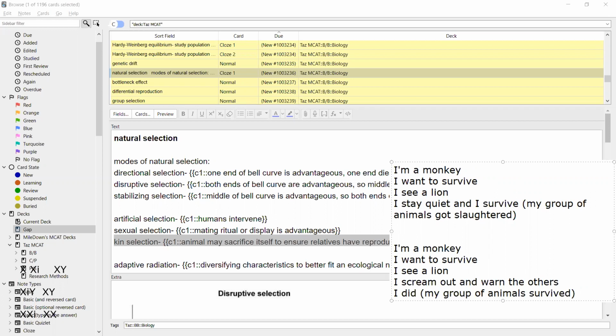Self-sacrifice. Why is self-sacrifice better evolutionarily? Bingo. More monkeys survive, right?